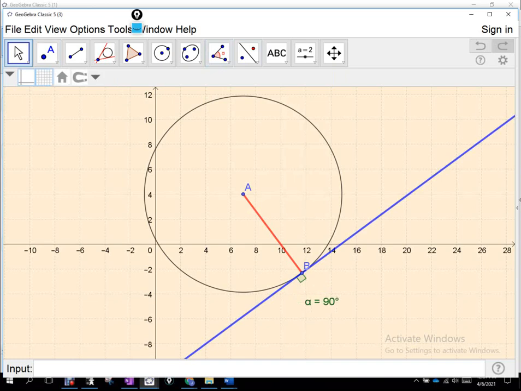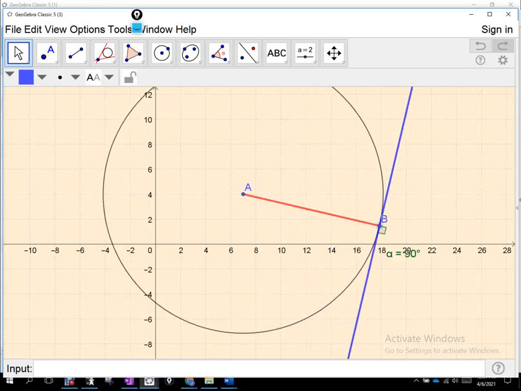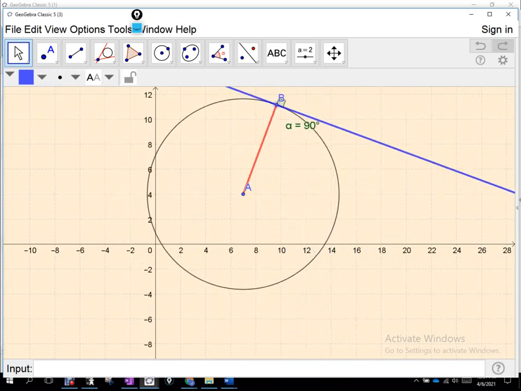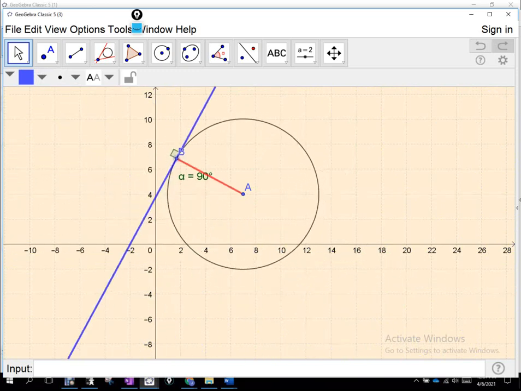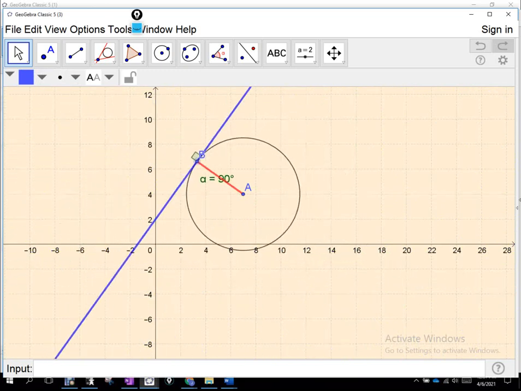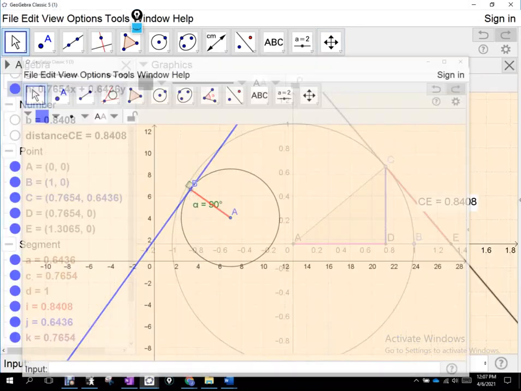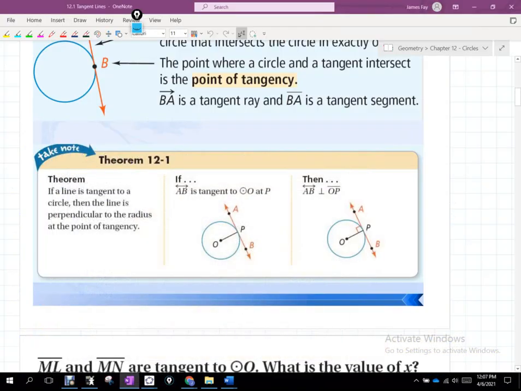Now as I move B around and change the circle, does it matter how big the circle is or where that radius is? No. So we have a theorem that says if a line is tangent to a circle, then the line is perpendicular to the radius at the point of tangency.